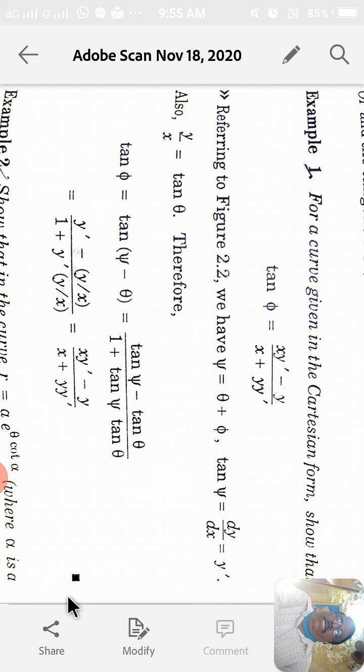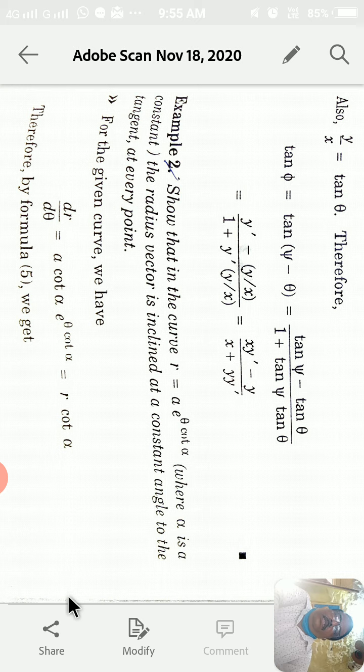Next we take another problem. Show that in the curve r is equal to a into e raised to theta cot alpha, where alpha is constant, which means cot alpha is also constant, the radius vector is inclined at a constant angle to the tangent at every point.